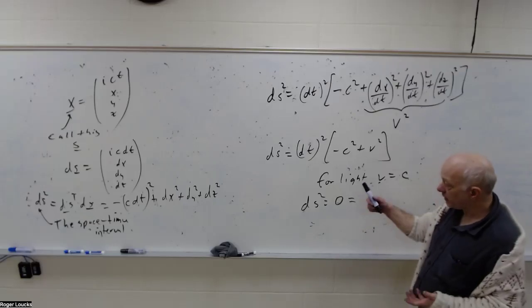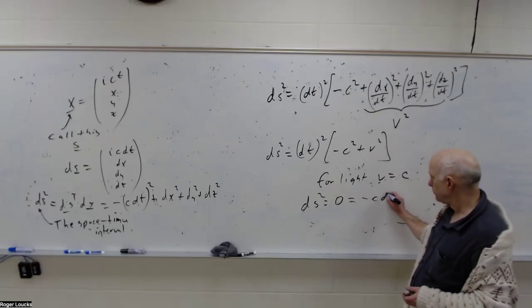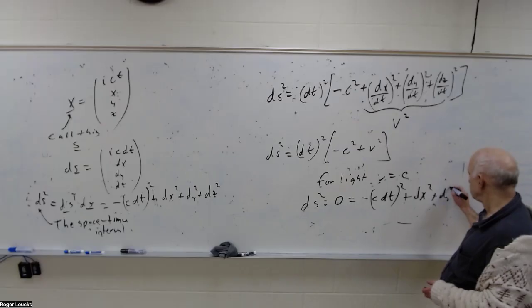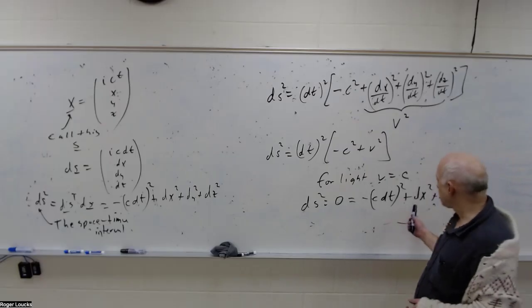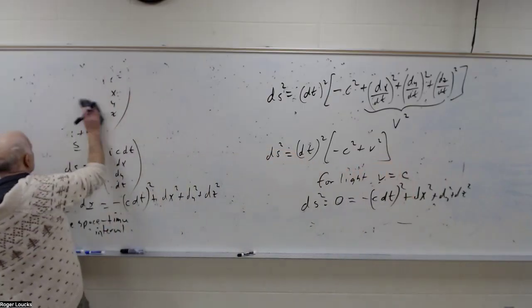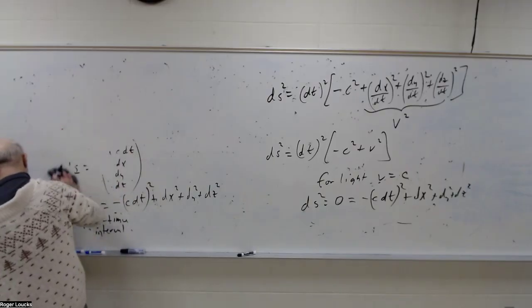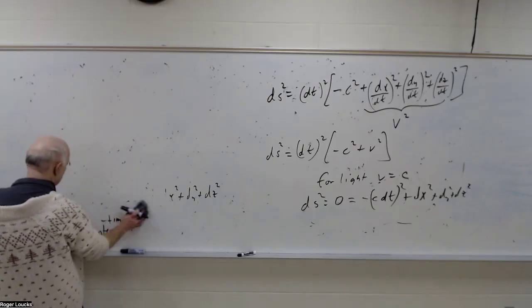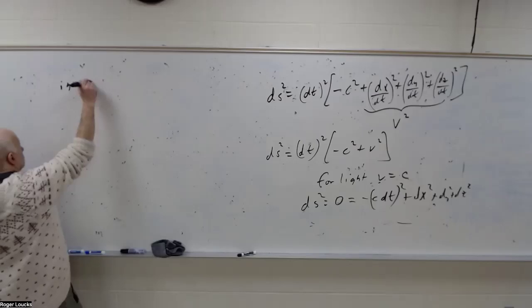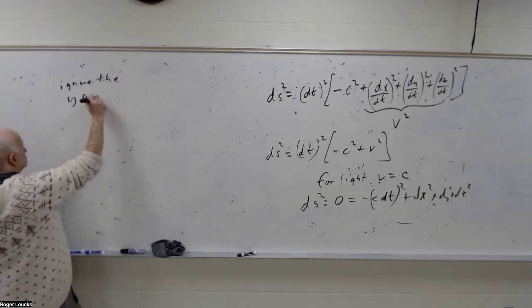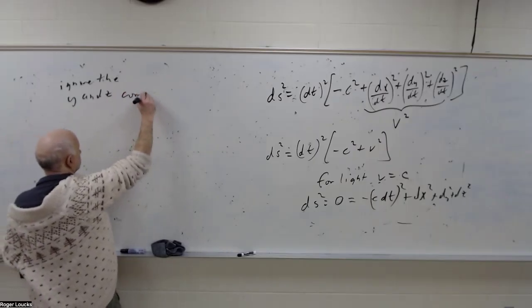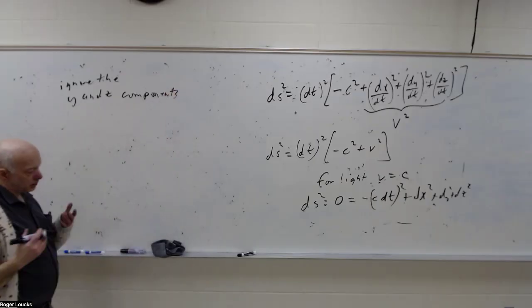So, we know that this is 0, so I can also write it back to our friend here. I'm not going to worry about the y and the z components because basically I can't draw them. So let's ignore the y and the z dimensions.